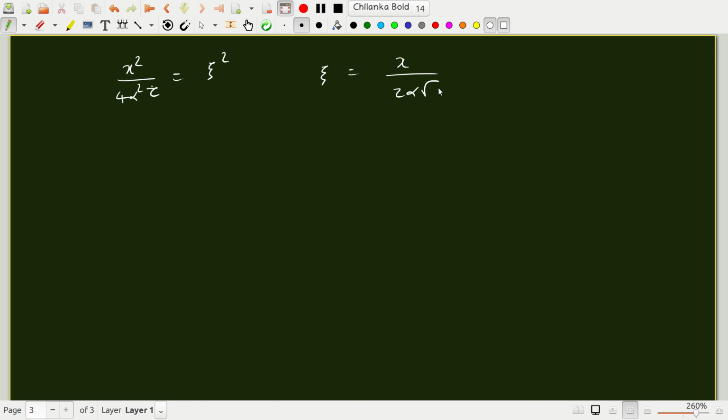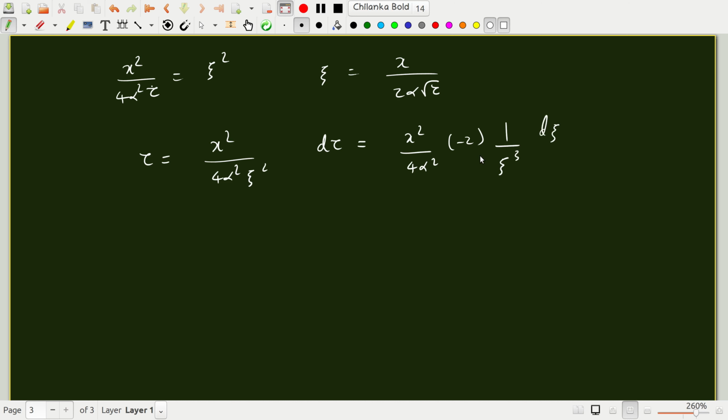So tau can be written as x squared by 4 alpha squared zeta squared. So d tau becomes x squared by 4 alpha squared times minus 2 times 1 over zeta cube d zeta. Just by differentiating this with respect to zeta, you get this.